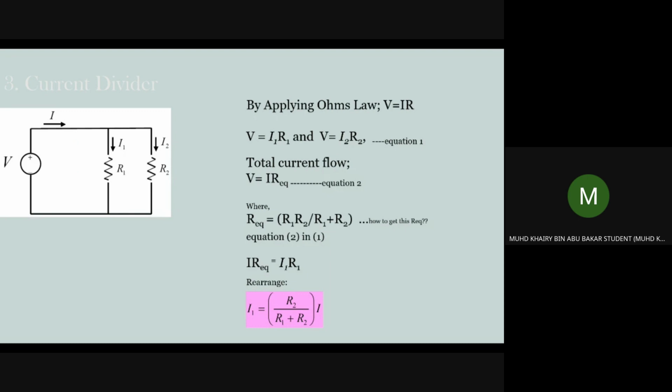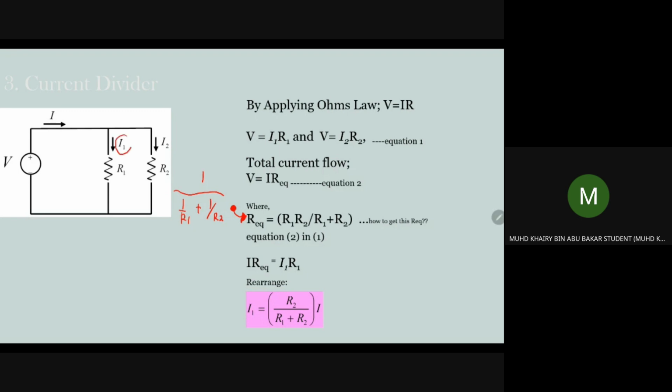And now we go for the current divider. For the previous conventional method, we use 1 over R1 plus 1 over R2. Here, we use R1 R2 over R1 plus R2.